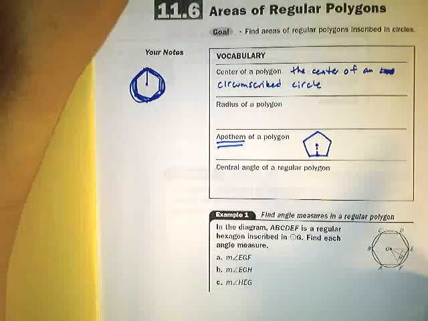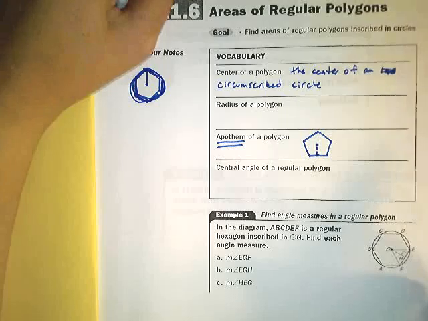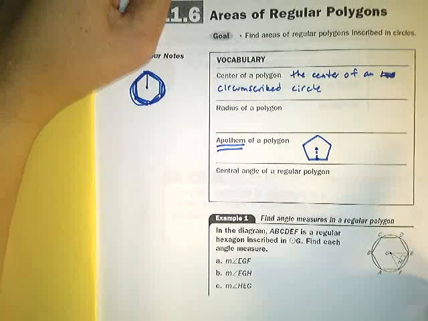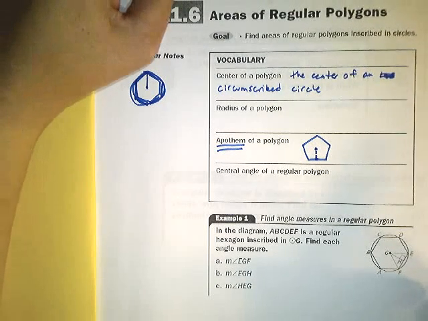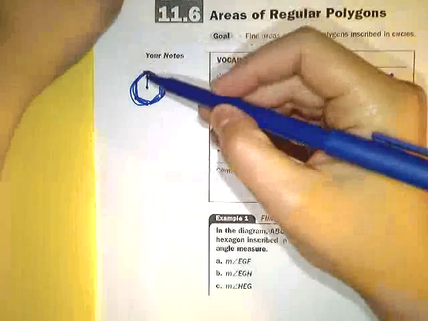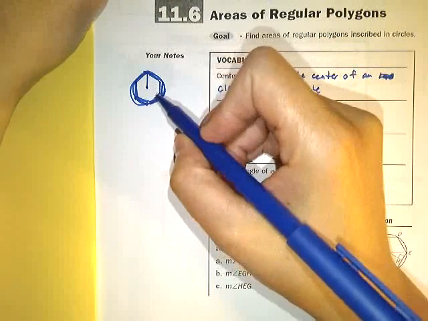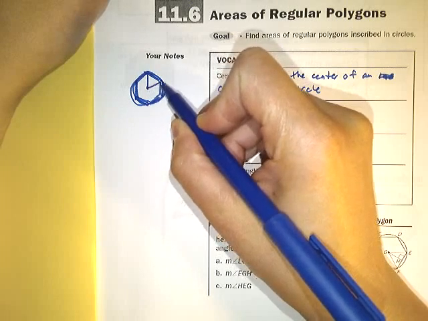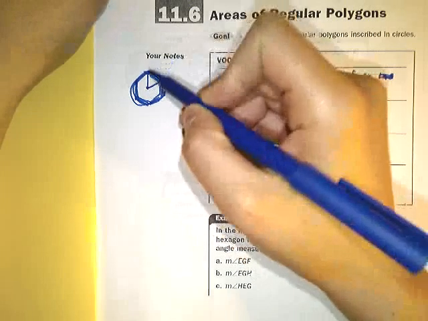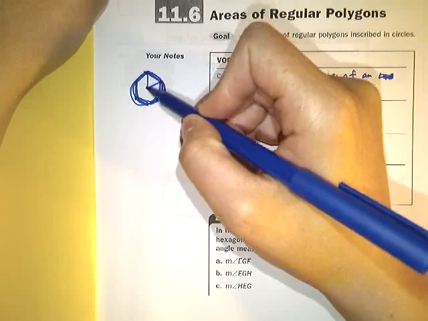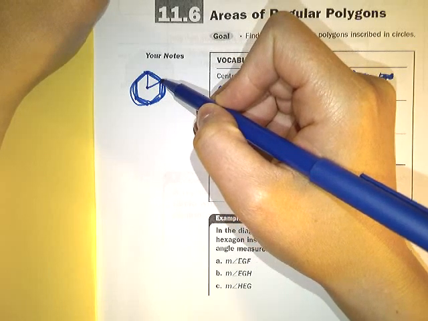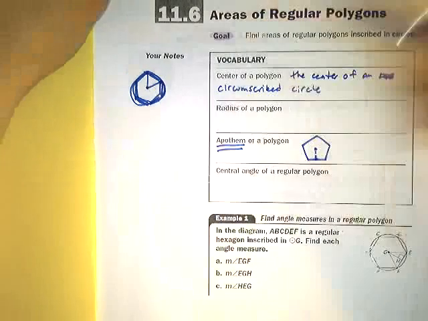The central angle of a regular polygon, well, I'm going to actually draw you some examples of what central angles are, but basically if you have a radius and then you draw a radius that's next to it, remember a radius connects a vertex to the center.